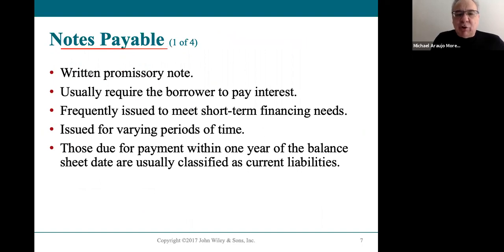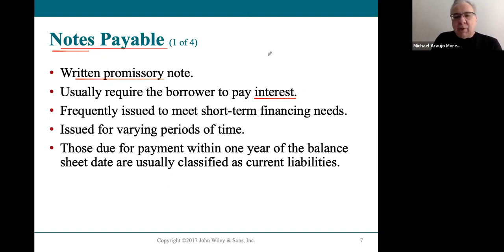Notes payable, as you know, is a promissory note. So the word note means loan. There's interest attached to these loans, right? Now, most notes are short term, so they might only last a few months or several months. However, some notes payable can go beyond the year.